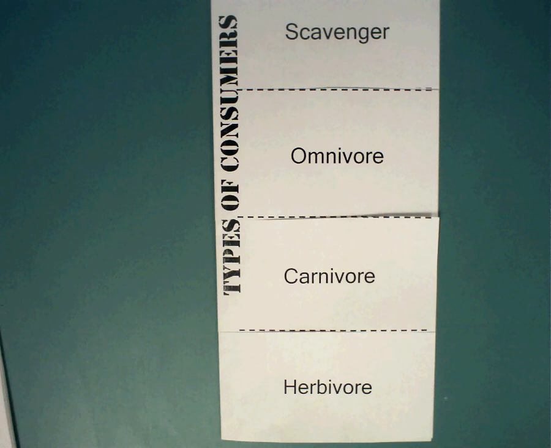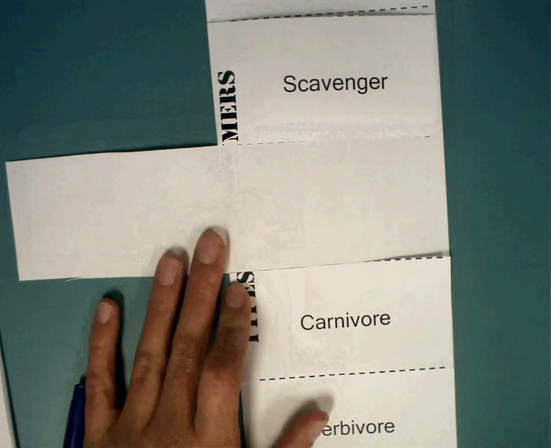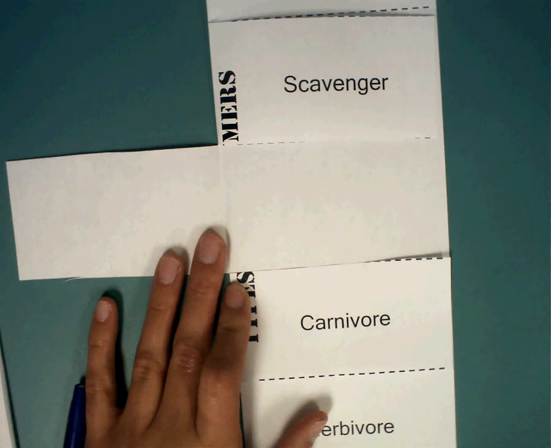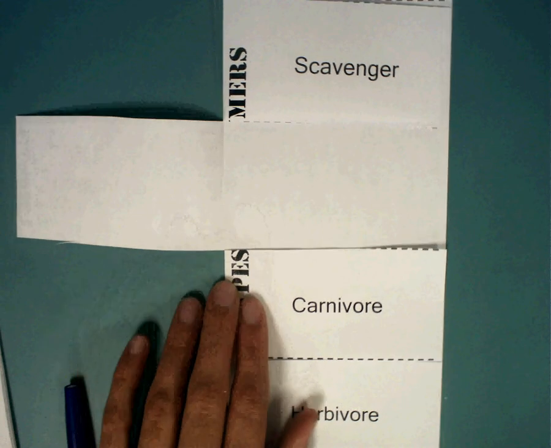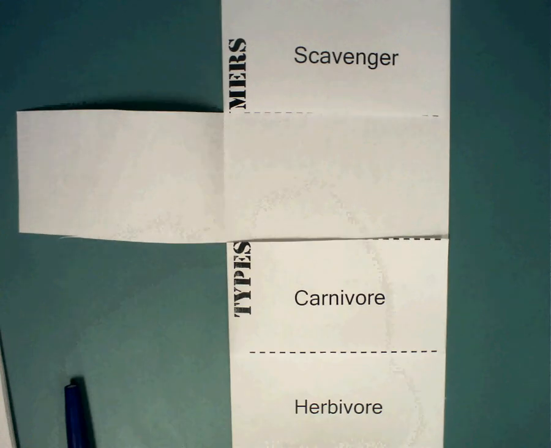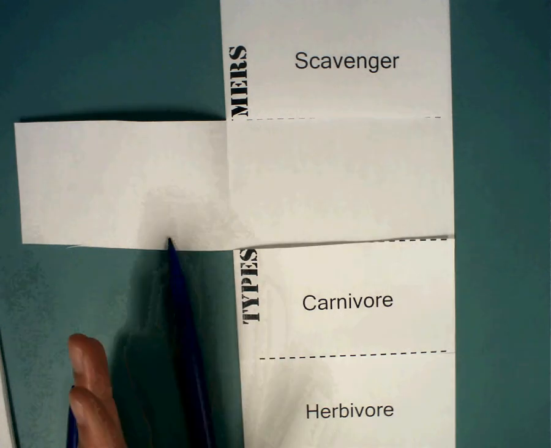Okay? So an omnivore is an animal that eats both plants and animals for energy. So not only does it eat plants such as flowers, trees, grass, roots, fruits, bark, pollen, leaves, all that kind of stuff, it also eats other animals.